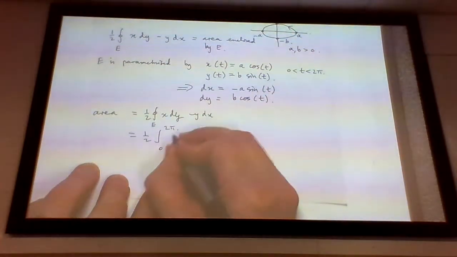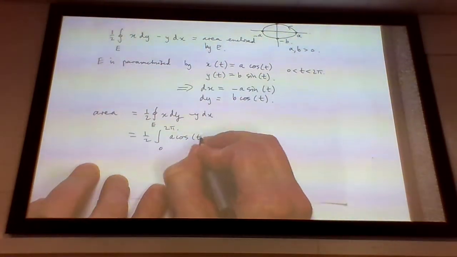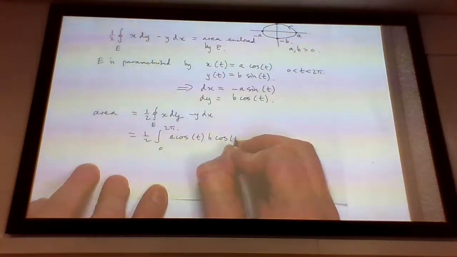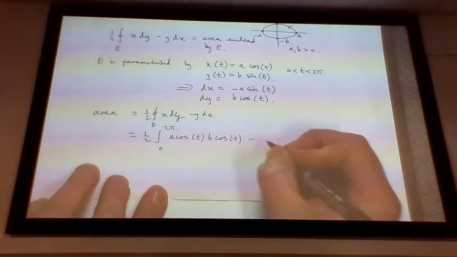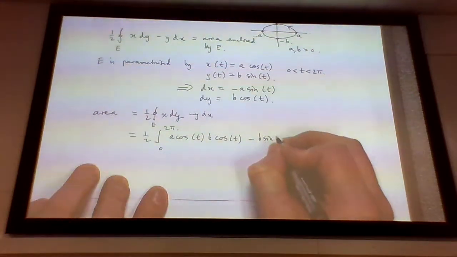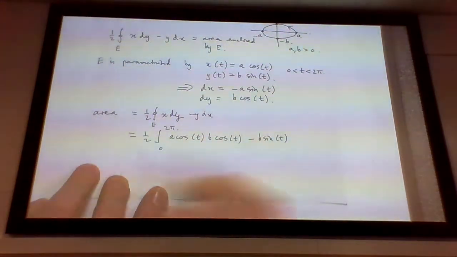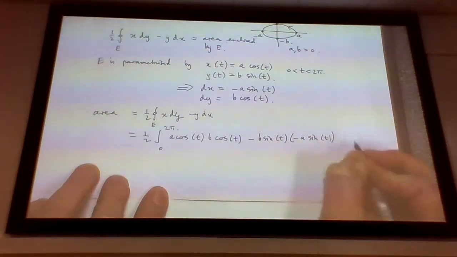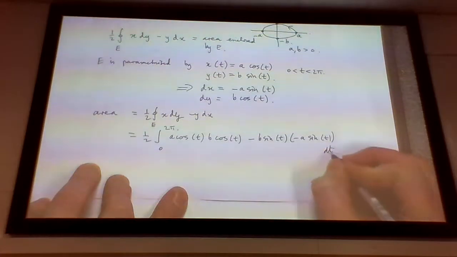And so the x is a cosine of t. That's multiplied by dy, which is b cosine of t. And then we're subtracting y, which is b sine of t, by dx, which is minus a sine of t. And this whole integral is done dt.